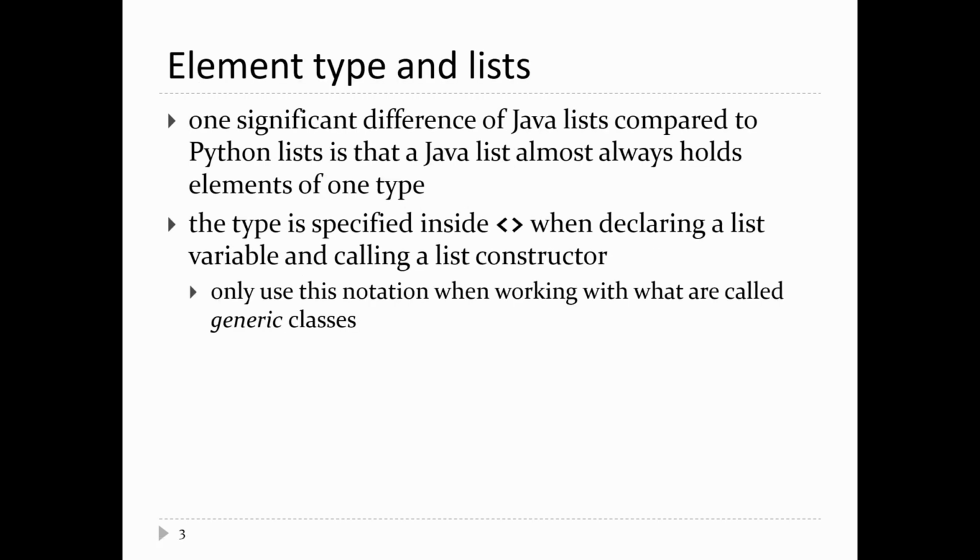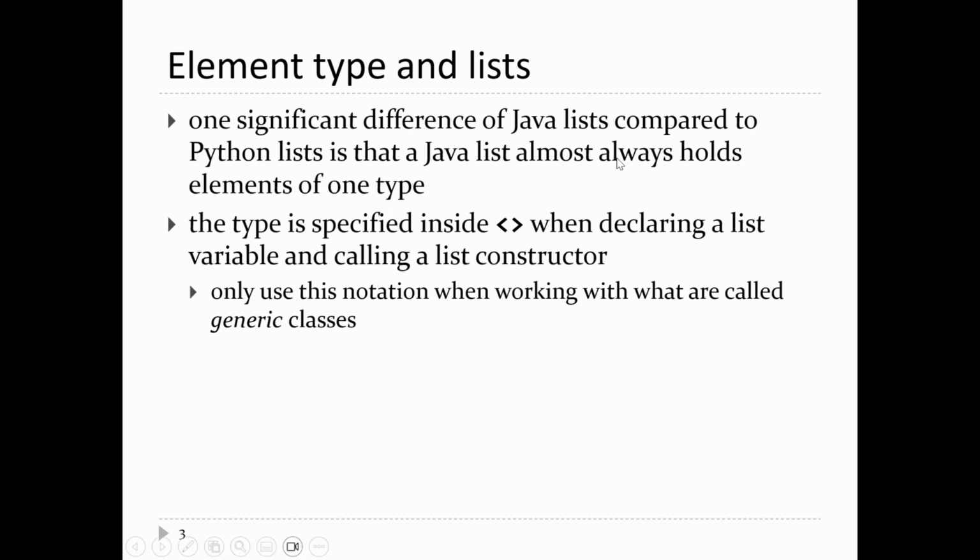There are significant differences between Java lists and Python lists. Probably the biggest difference, especially for the way that 121 is taught, is that Java lists always hold elements of a single type. You know in Python, you can put whatever you want in a list. I make a list, I can put in an integer, then a floating point value, then a true-false value, then another list if I want.